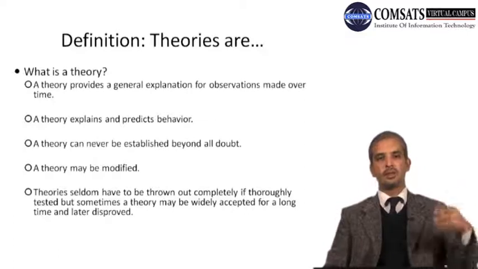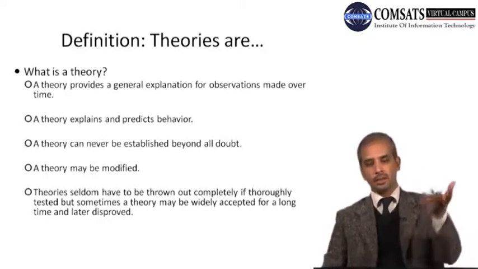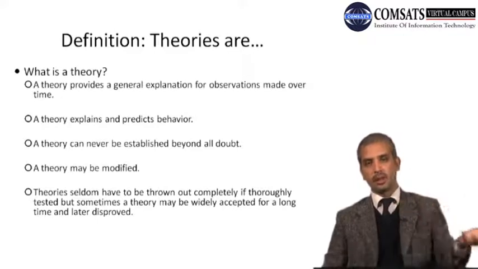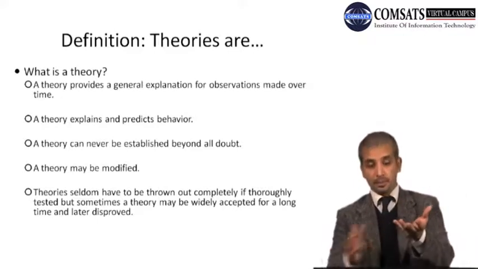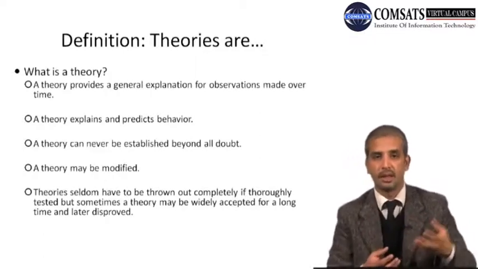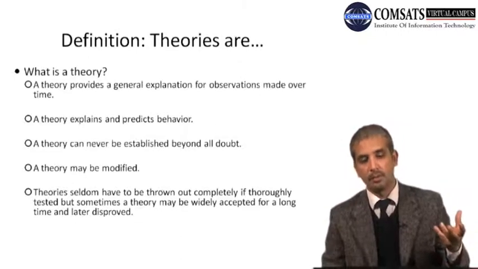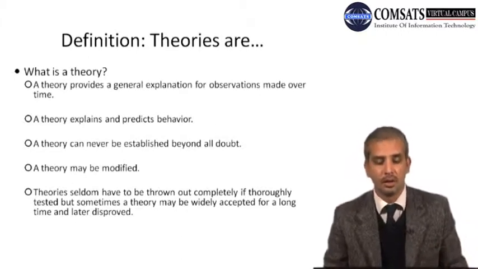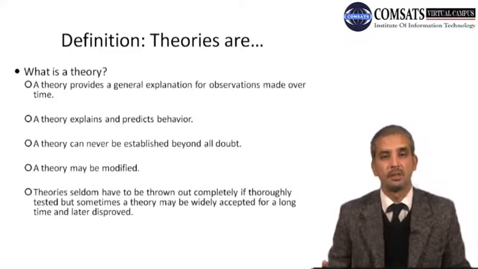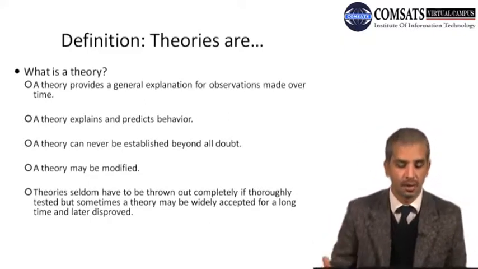The actual foundation is this one, and a new theory pops up. It covers that theory as a whole; it is a replacement of that theory. So previously individuals thought that was the real theory, and now this is the real theory. Maybe this would be modified or proved wrong later on. So a theory can never be established beyond all doubts, and a theory can be modified over time.